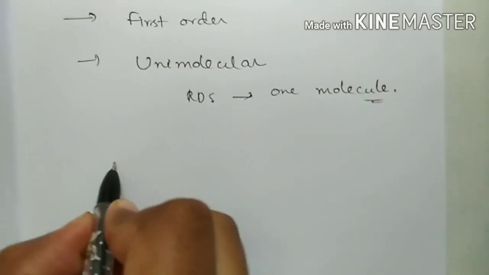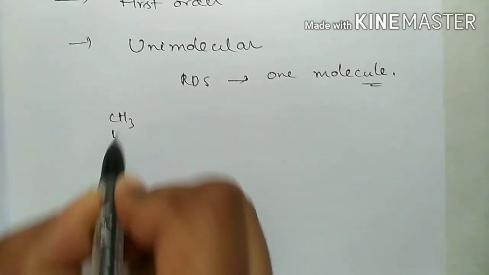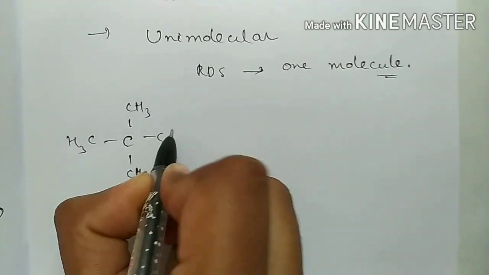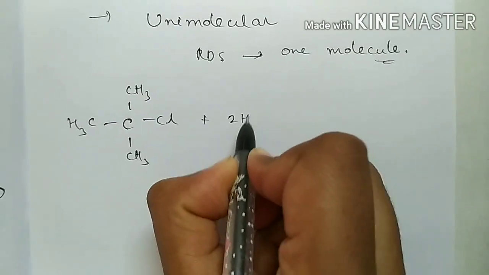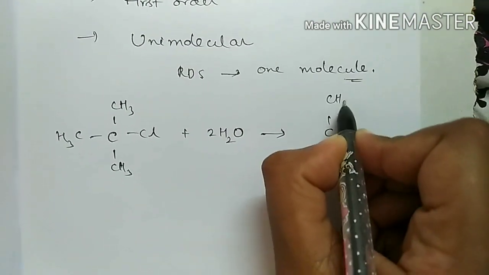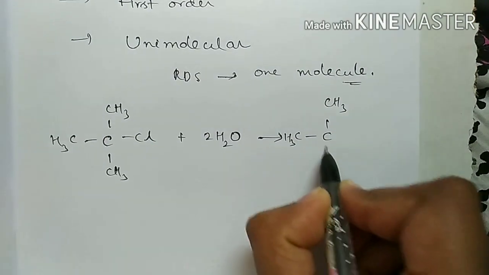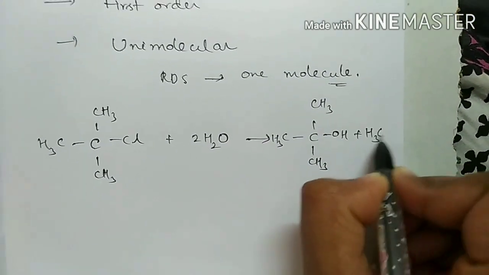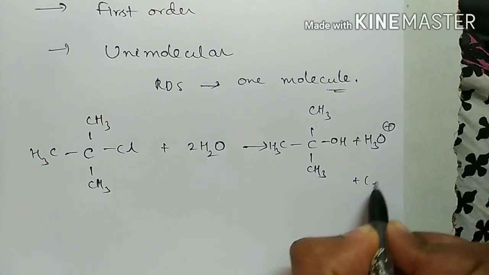Let us take an example, tertiary butyl chloride. When it reacts with two water molecules, it gives tertiary butyl alcohol plus a hydronium ion along with a chloride ion.